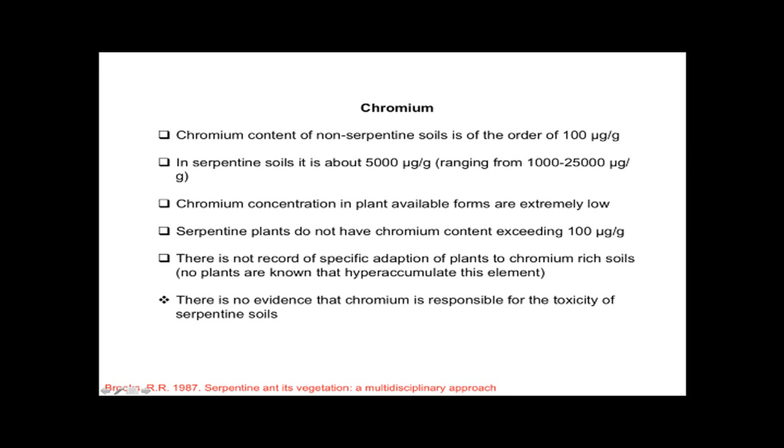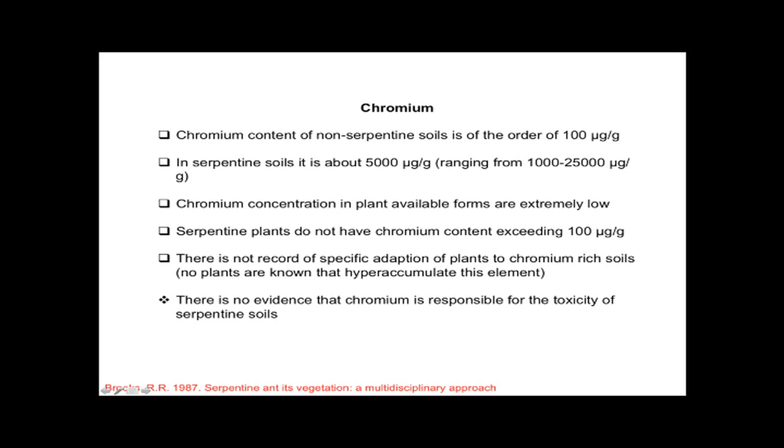Let's go to the second heavy metal found in serpentine soil. This is chromium. Chromium content in non-serpentine soil is about 100 micrograms per gram, while in serpentine soil it's about 5,000 micrograms per gram.